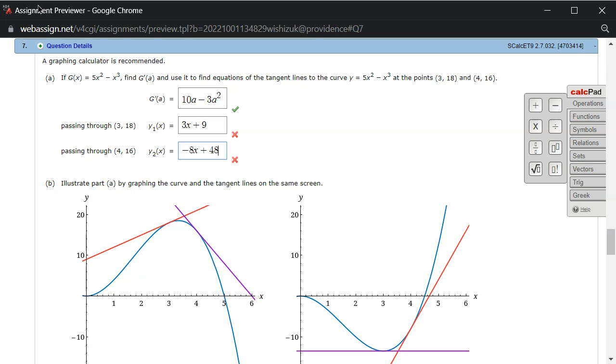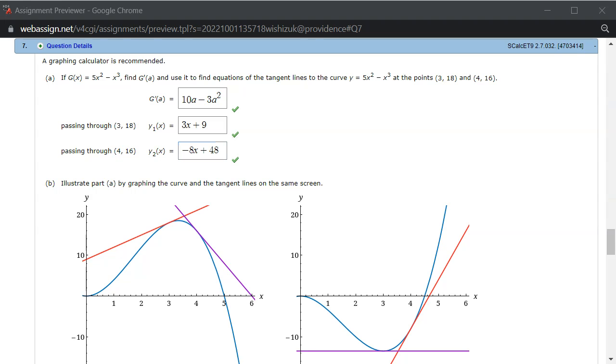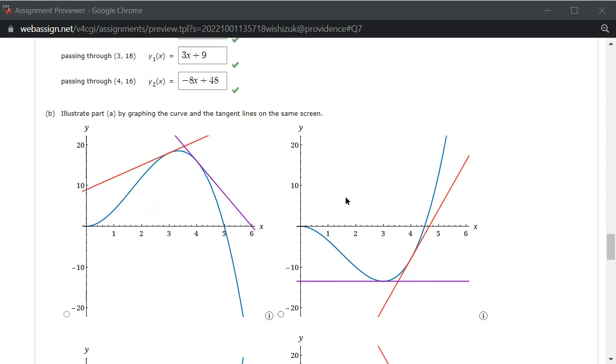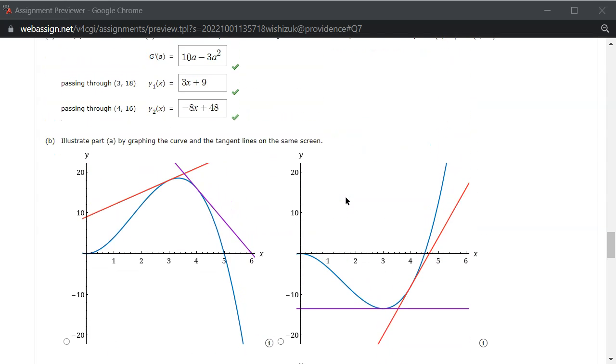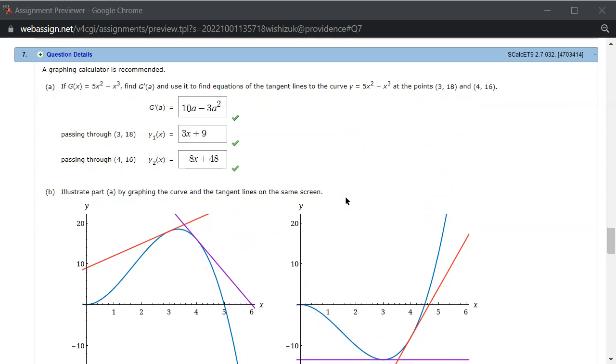Let's check the answer. All right, I came back and looks like we got all parts of part A correctly. Let's look at part B. We want to find the correct picture. First, this is a cubic function, and so it's got the S type of picture.